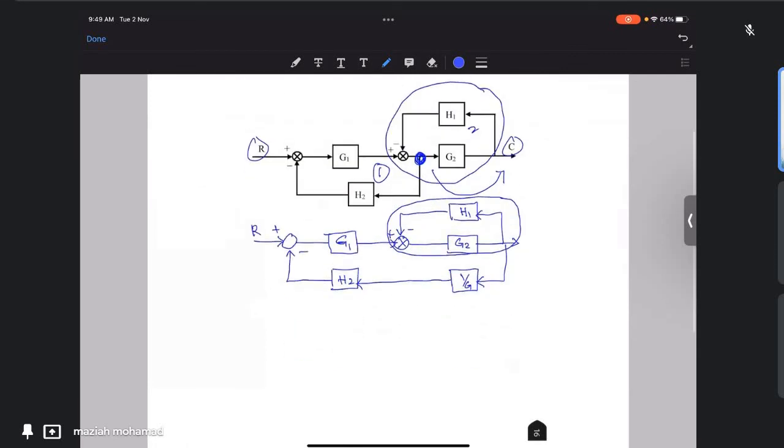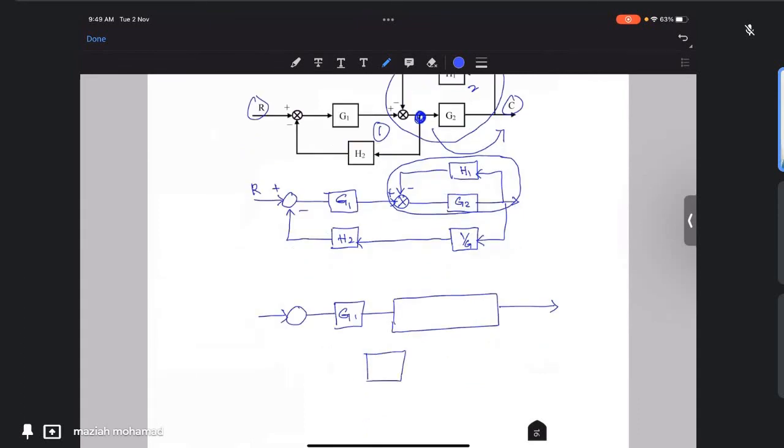After you combine it, what will be the transfer function after you combine G2 and H1?